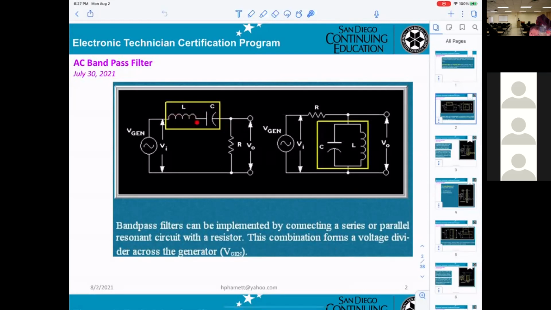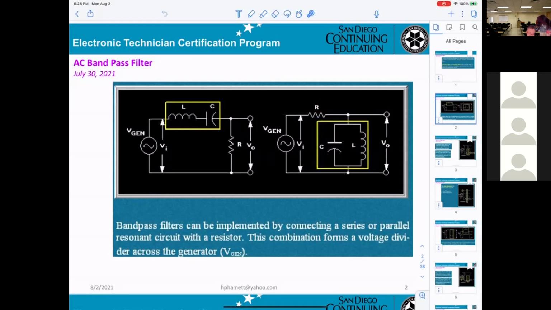L and C in series, and in series with the R. So basically it's just a voltage divider, IC, XL, and R. Another way, they can connect R here, and C and L will be in parallel.